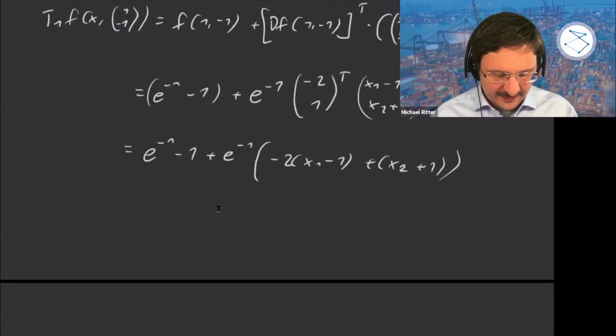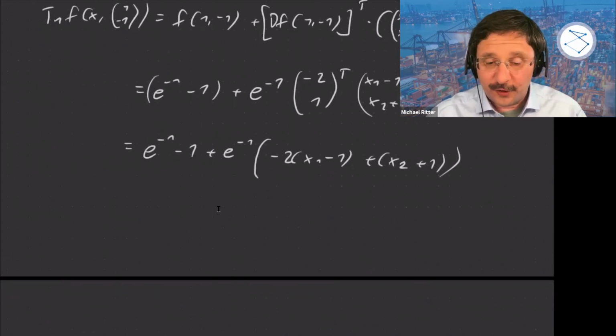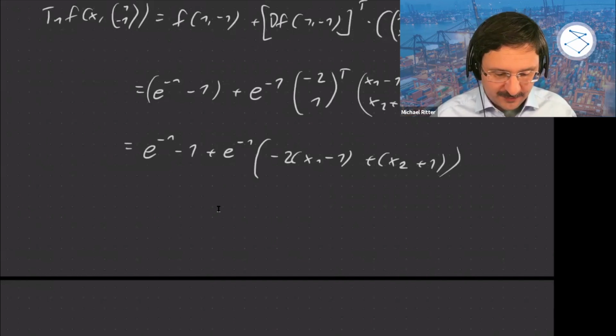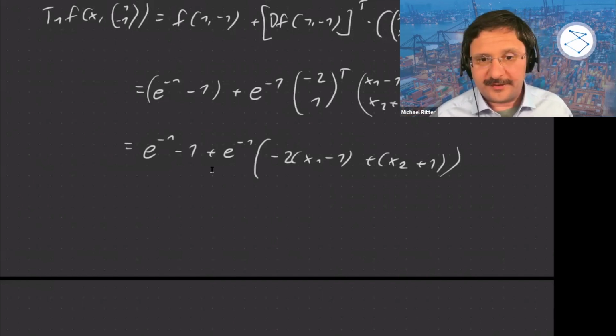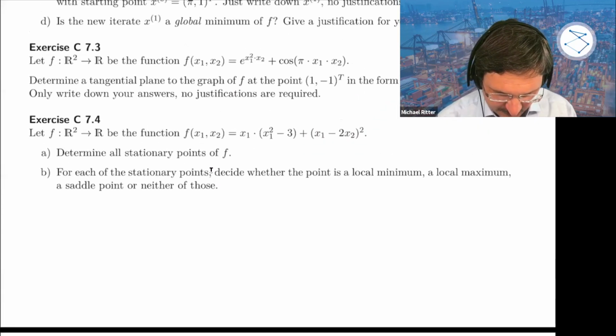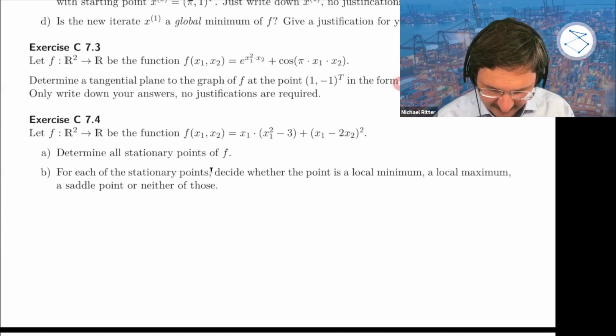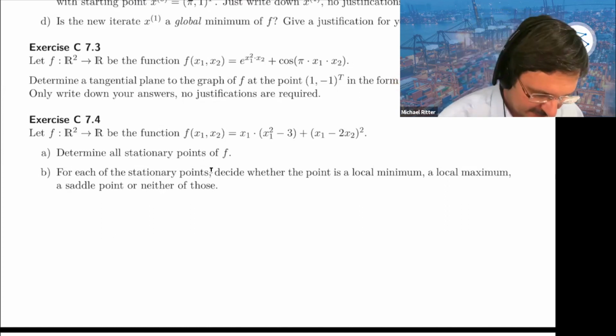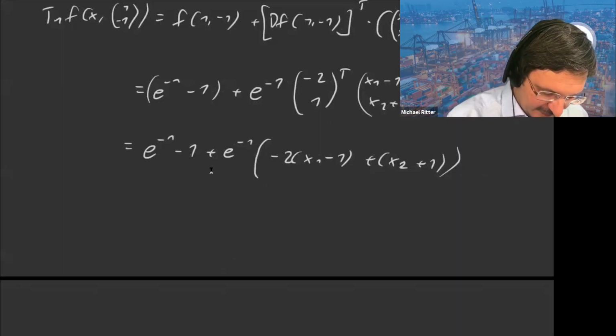Right. And now the specific form that is asked for in this problem is we want to write the Taylor polynomial in this form here. So I want all the x's on one side and a constant on the other side. So basically normal form.